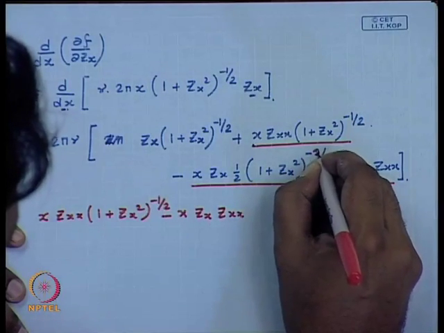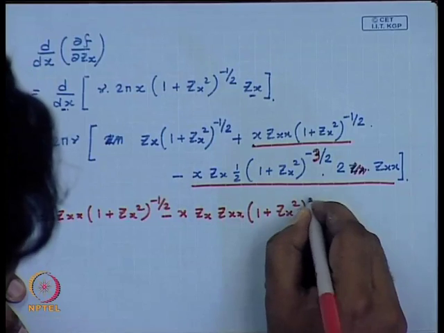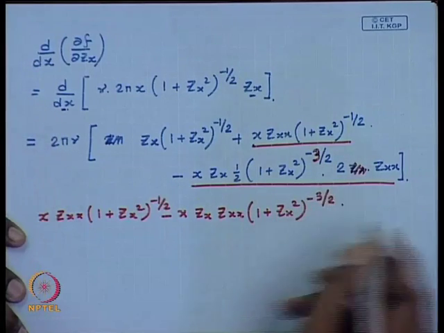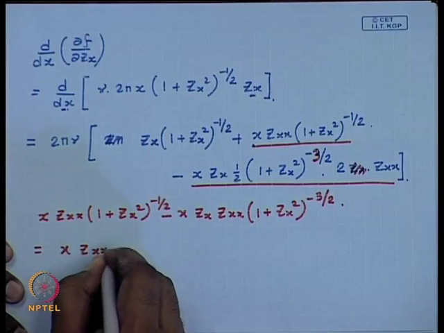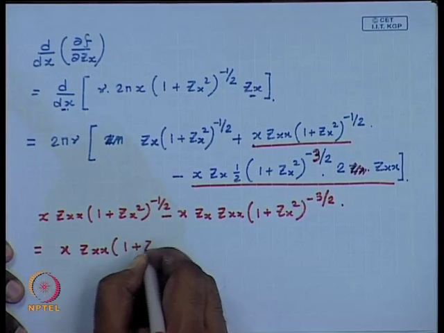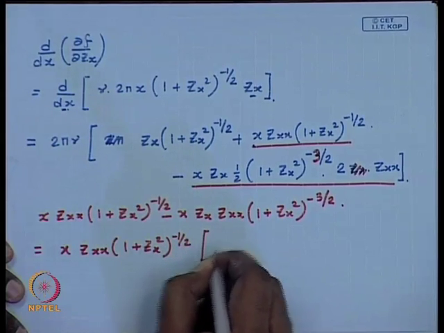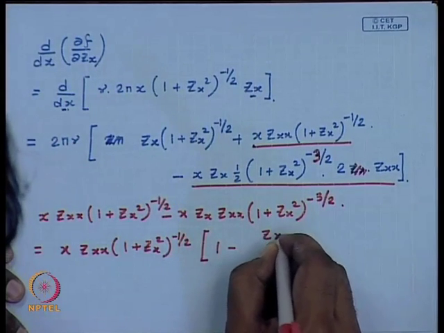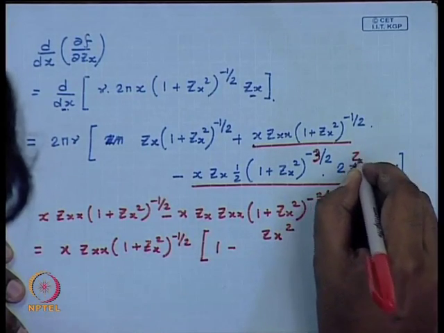This is 3. So, what you can do is, no, I am sorry, this one remains here.